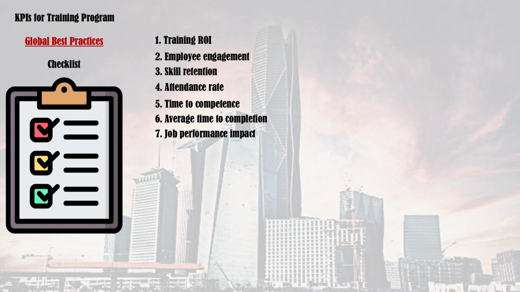Job performance impact, that's a very important one. We all go to training to learn new capabilities, to learn new aspects of our jobs, to think outside the box. And we are bringing those capabilities back to our jobs to make sure that it will have a positive impact on our jobs. Learner progress is another one.